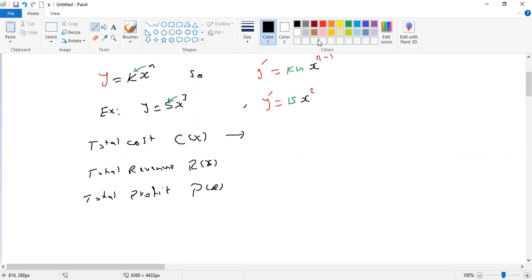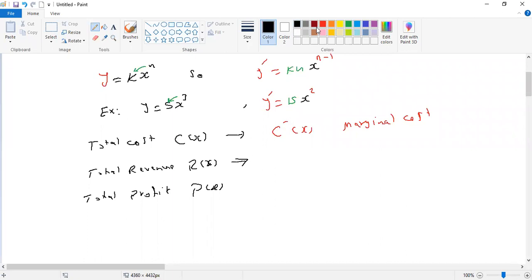The derivative C prime, the derivative of the cost, is called marginal cost.